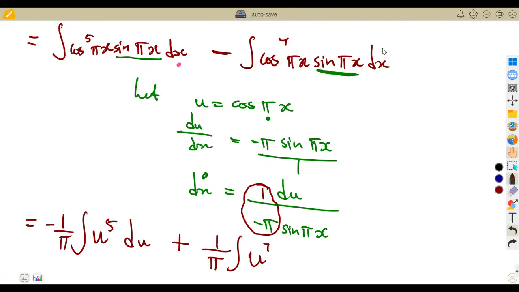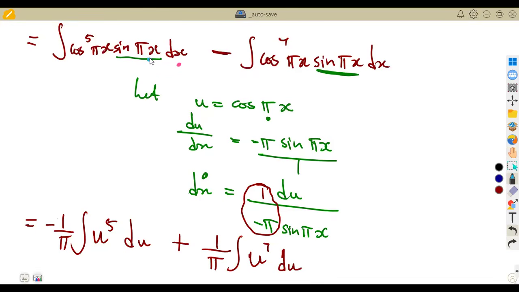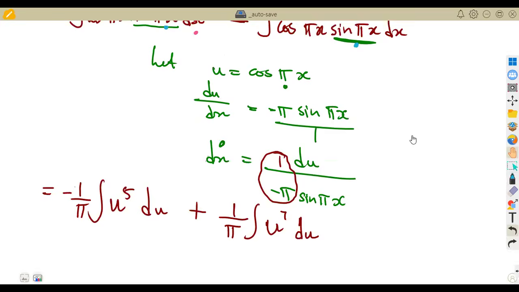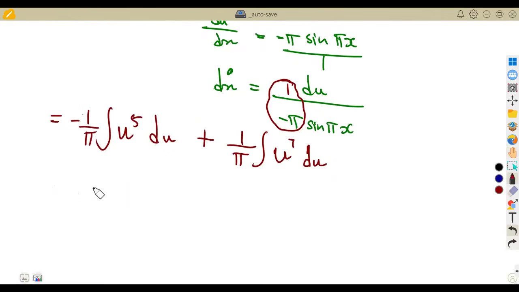The sine and the sine, just like the previous one, cancel. Remember, the purpose of letting is that these two will cancel. If they are not cancelling, then somehow you have made a mistake. That is your substitution method, all right?